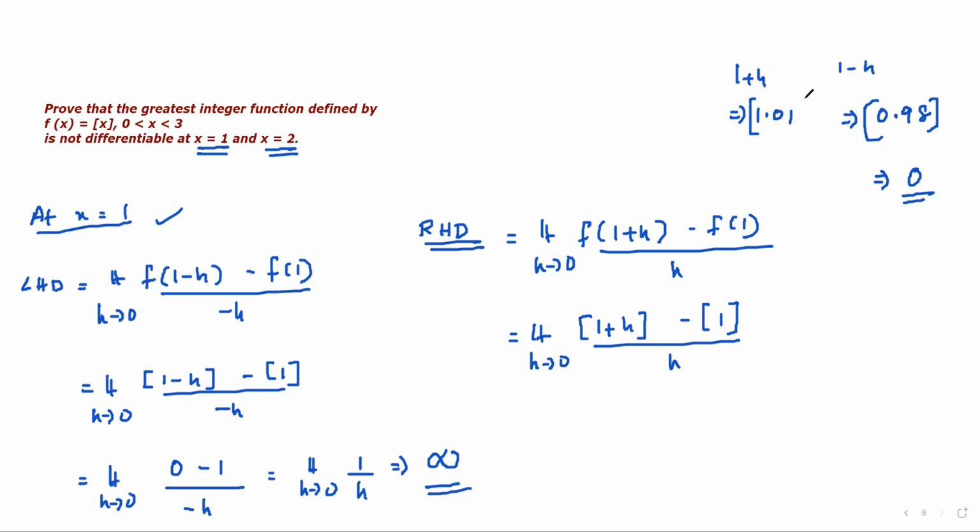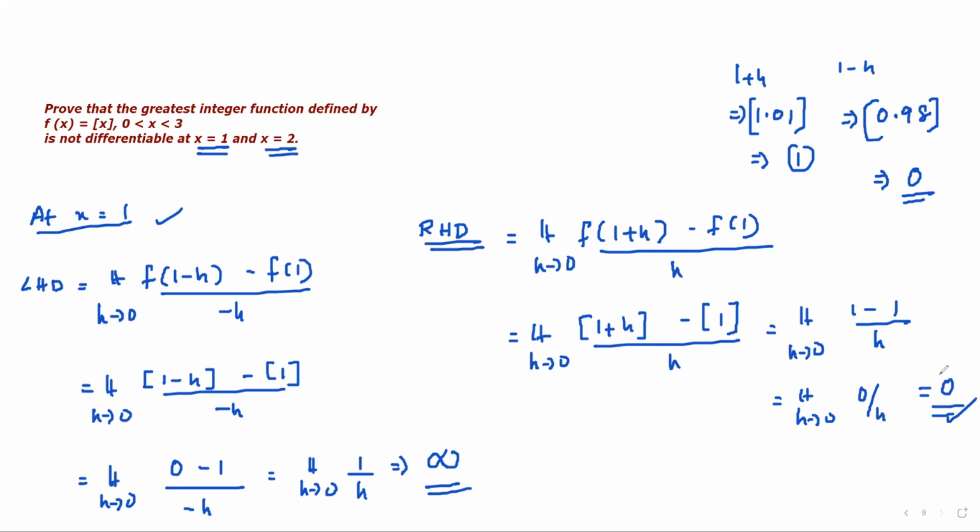So when you take the greatest integer function of 1.01, what will be the result? 1. So what do you get? Limit h tends to 0, 1 minus 1 by h. 1 minus 1 is 0. So what is 0 divided by any number? 0 divided by any number is 0.